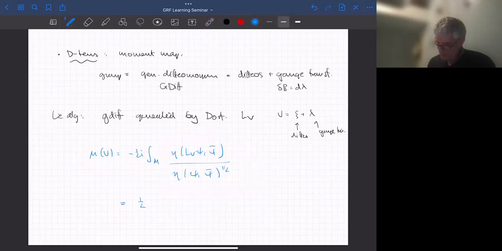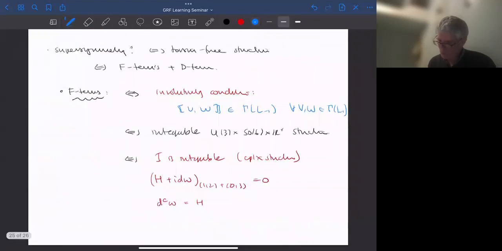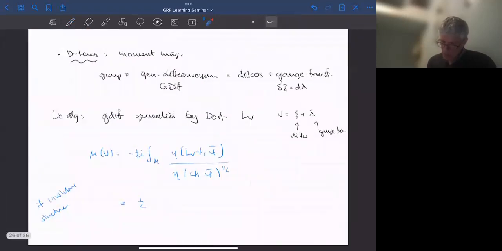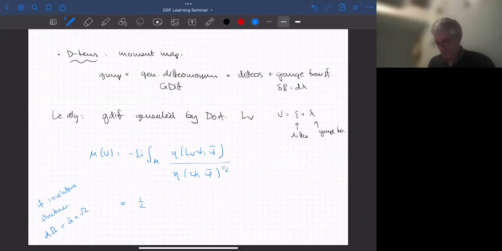So if we have an involutive structure, so if I'm already satisfying these conditions, that tells me that I can write the exterior derivative of the holomorphic 3 form as some one form wedge the holomorphic 3 form. It can only have a 3,1 component. The other components vanish because the complex structure is integrable.